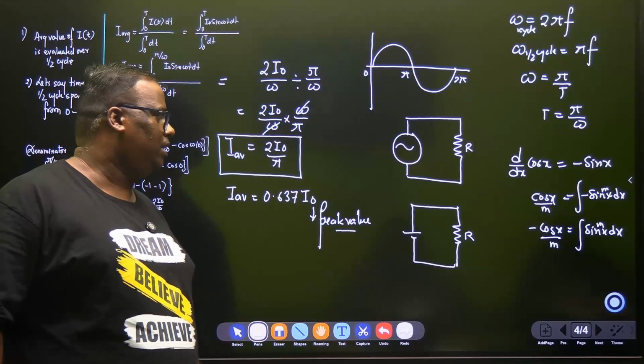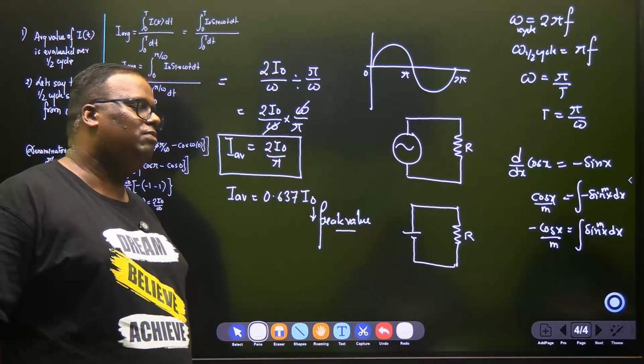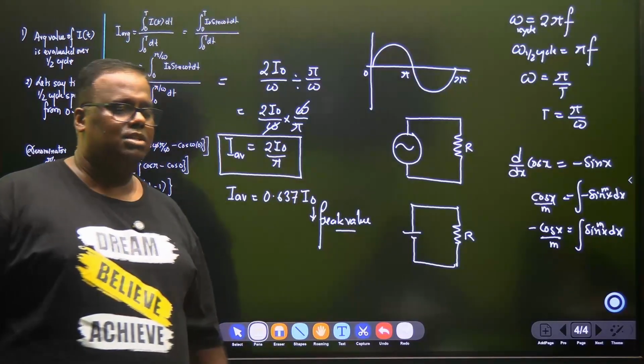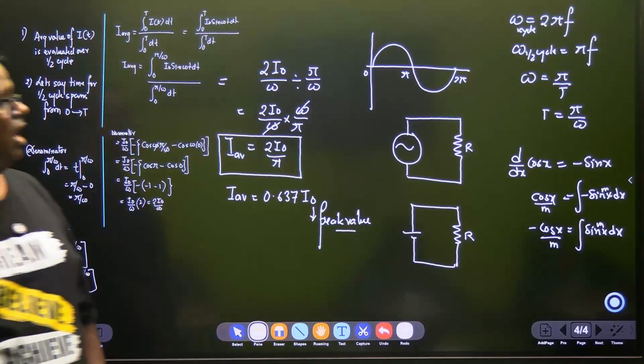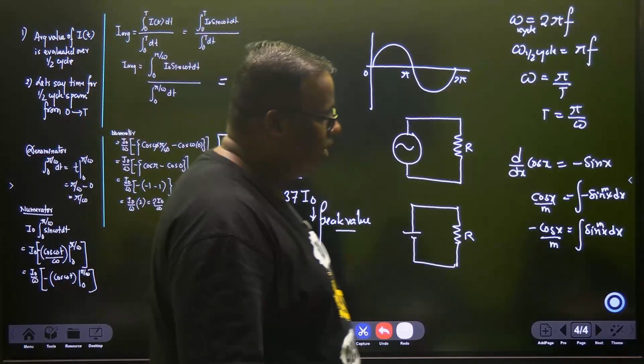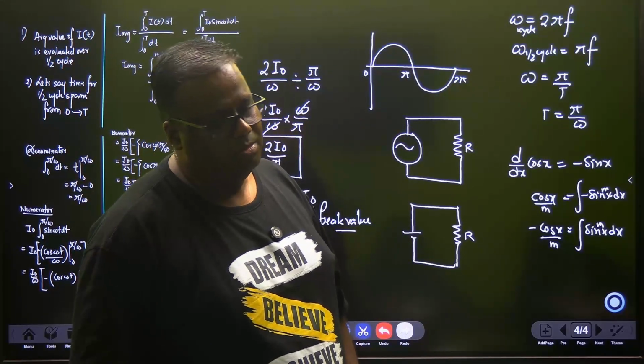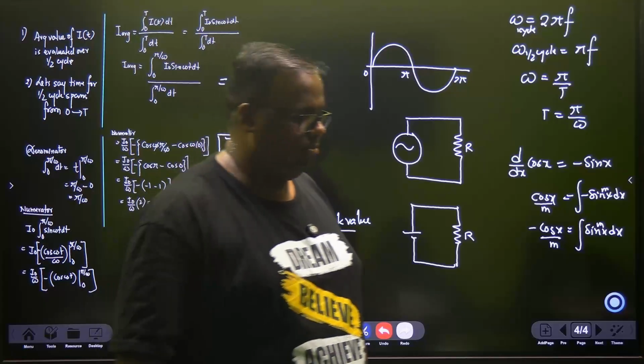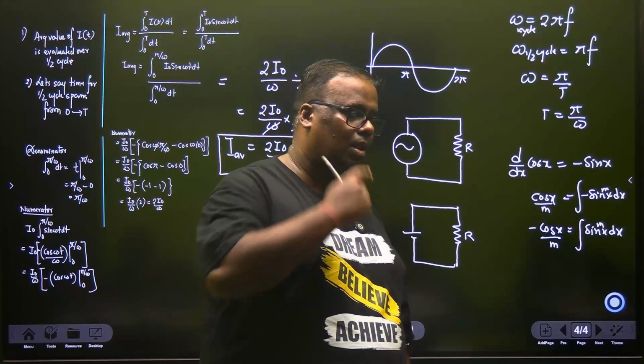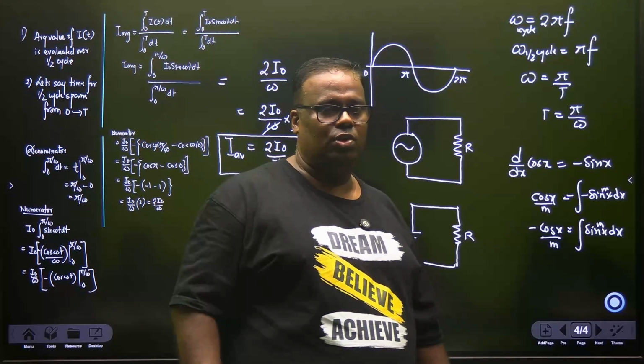And write in brackets, where I0 is the peak value of the alternating sinusoidal EMF.